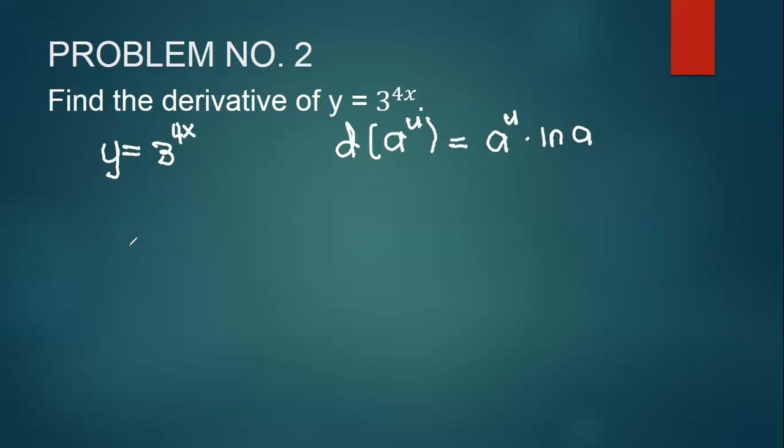So getting the first derivative, dy over dx is 3 raised to 4x times ln of the a, which is equal to 3.